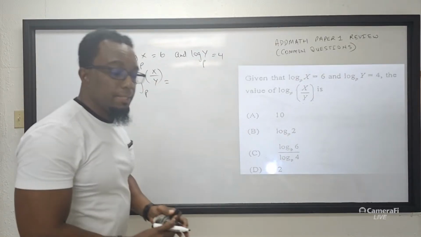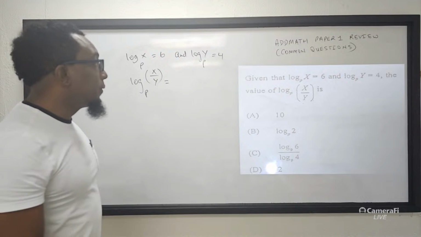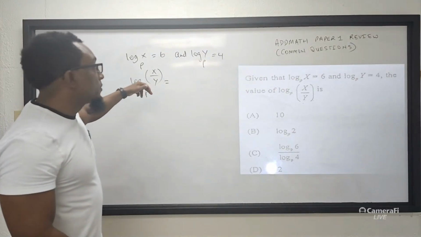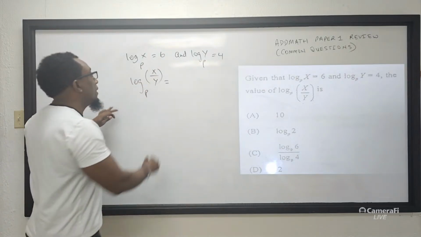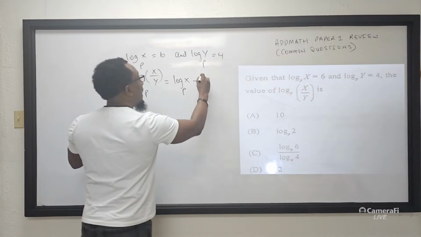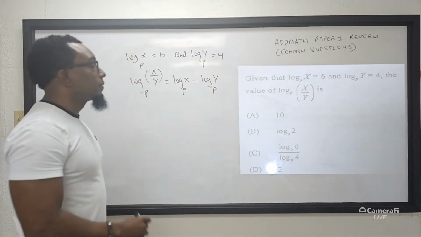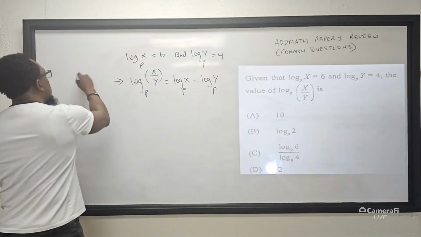So what we're going to do here is apply our quotient law to this. I hope you all remember what's the quotient law. When you're dividing, the expansion of that will be subtraction. So this will be log of x to base p subtract log of y to base p. So that is the quotient law. You call this the quotient law.